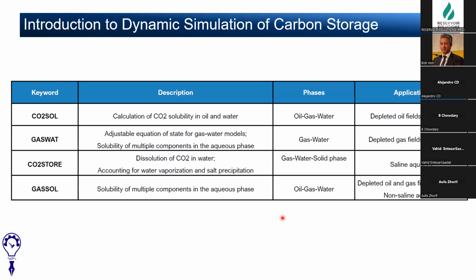As I mentioned, for different types of geological storage, we need to use a different approach. Although we can use some of these keywords for others as well, if we want to consider dissolution of CO2 into water and also account for water vaporization and salt precipitation in a saline aquifer, we need to use this keyword.